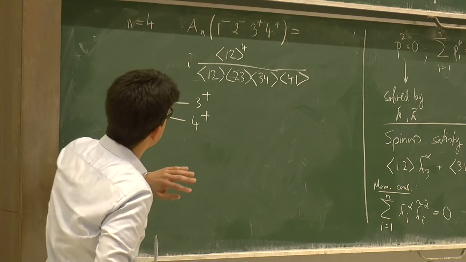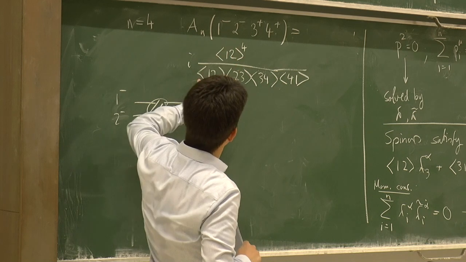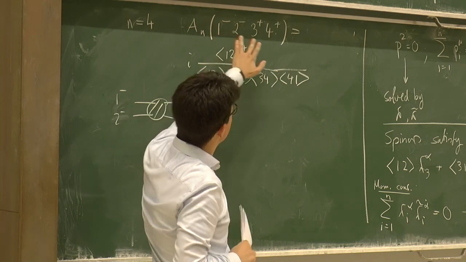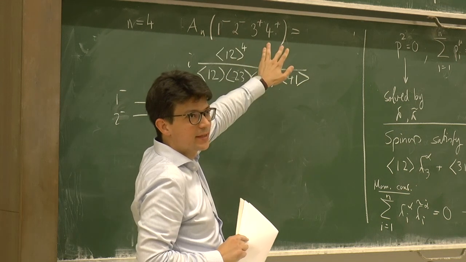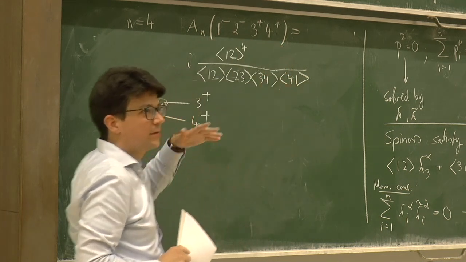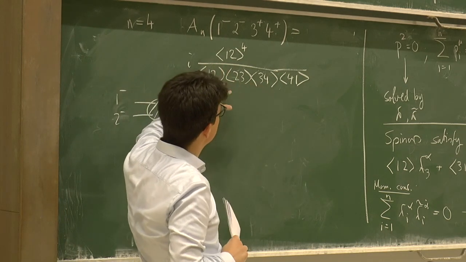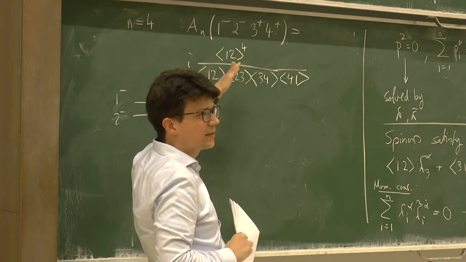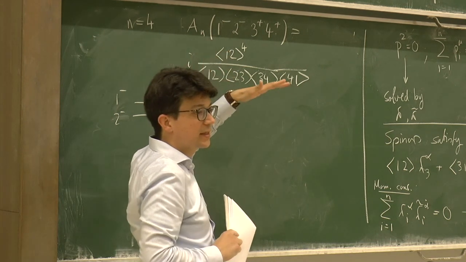What I do want to say is that you can think about parity, and you might notice that in this amplitude we have 2 negative helicity gluons and 2 plus helicity gluons. So in a way, it's a bit strange that this formula seems to prefer the negative helicity, that is, the lambdas over the lambda tildes.